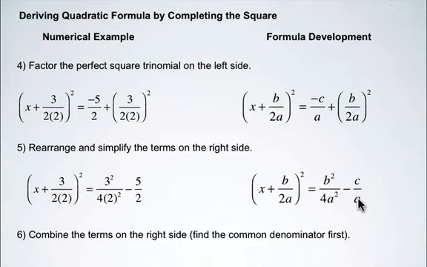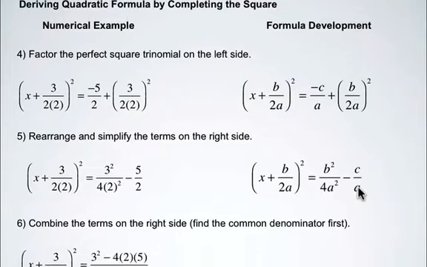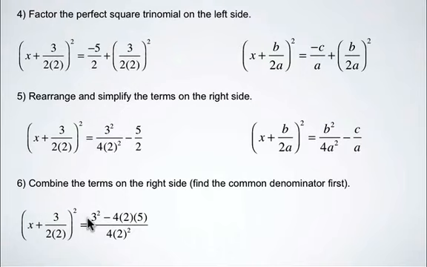Now what we do is combine the terms on the right side. We'll find the common denominator first. So on the right-hand side, the common denominator is 4 times 2 squared. And then we can add it. So we have 3 squared minus 4 times 2 times 5.